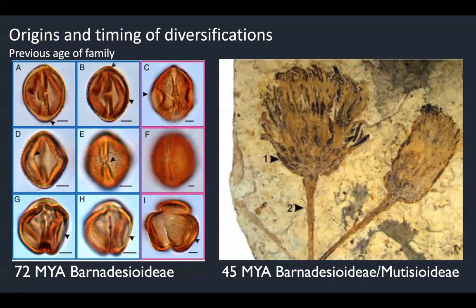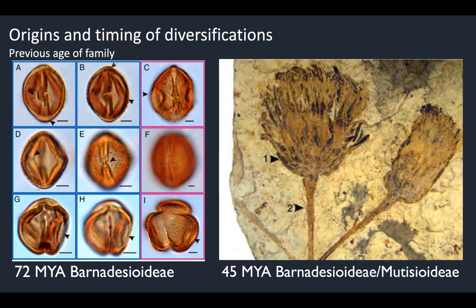We also wanted to use this base tree, this base phylogeny, to look again at the origins and the timing of diversifications in the family. For a long time, there was an age for the family floating around of 40, 45 million years old. That's the age that I knew about when I started studying Asteraceae.